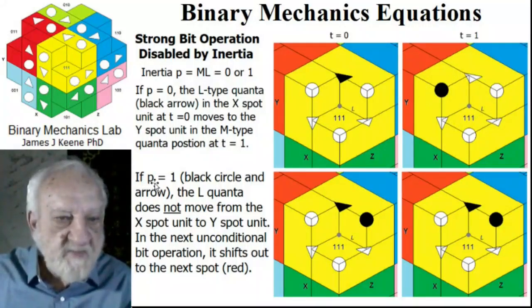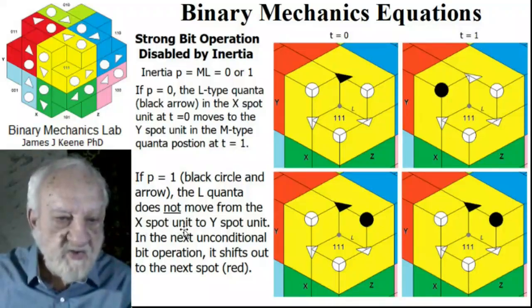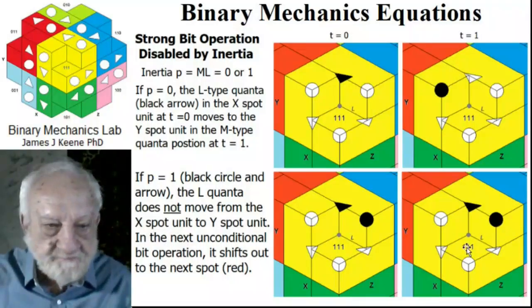If inertia P equals 1, the black circle and arrow, shown here at time equals 0, the L quanta does not move from the X spot unit to the destination Y spot unit, so that we see no change here.